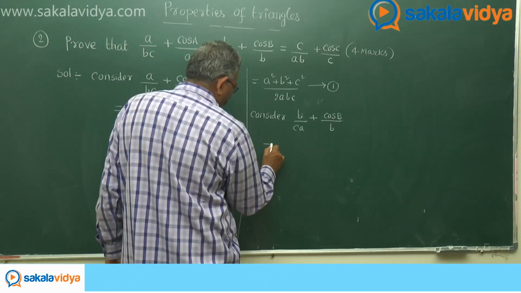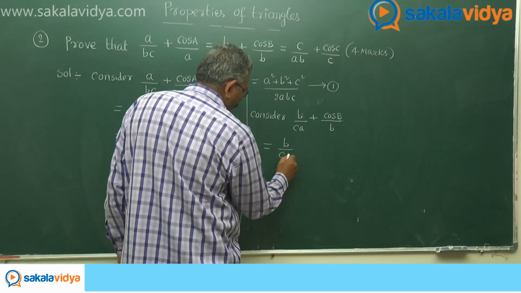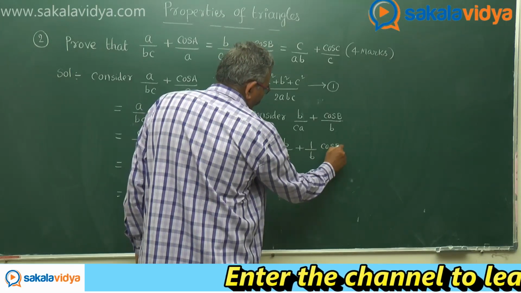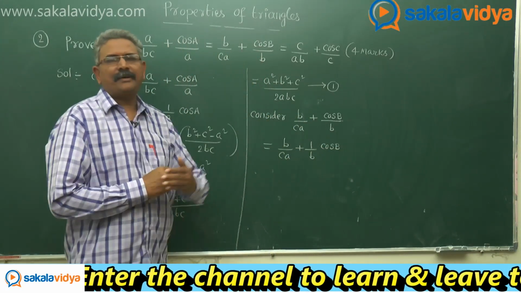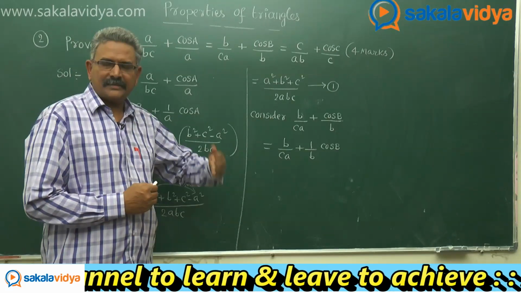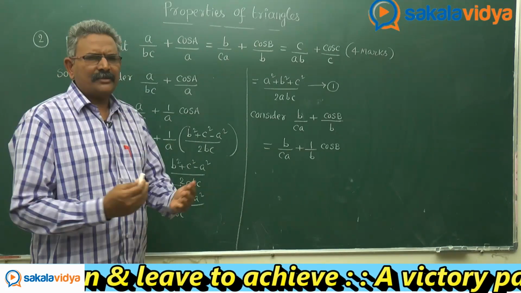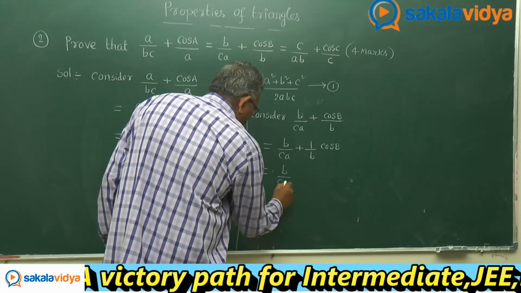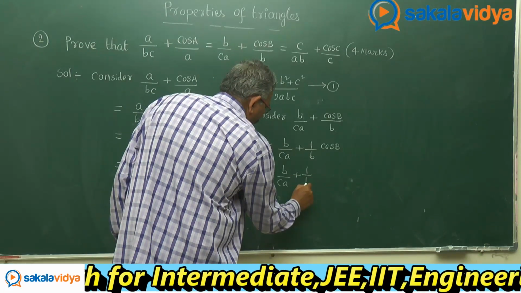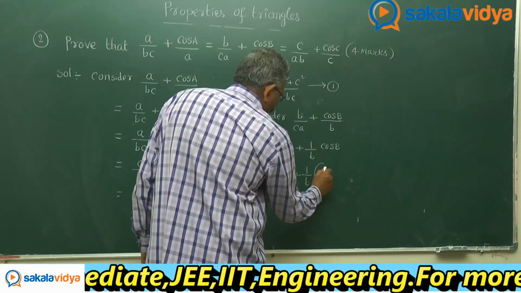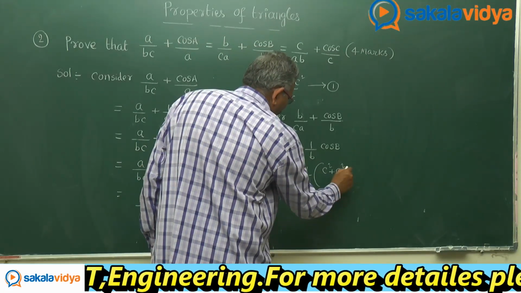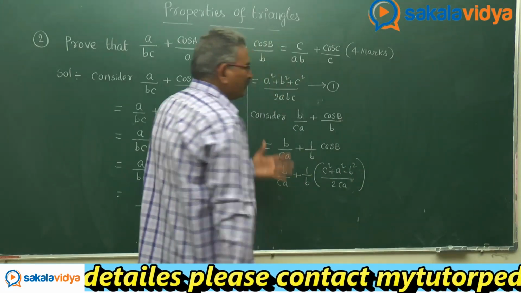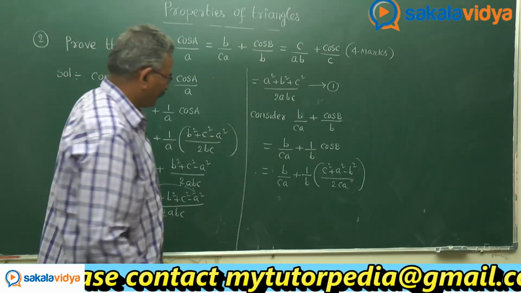So now this equals b/ca + (1/b) times cos B. Now cos B is replaced by (c² + a² - b²)/2ca, nothing but the cosine rule. So now b/ca + (1/b) times (c² + a² - b²)/2ca. Now we just have to do the simplification.